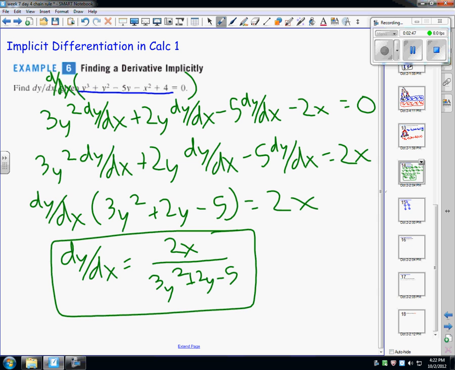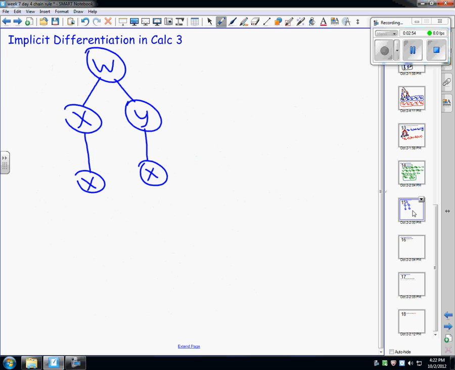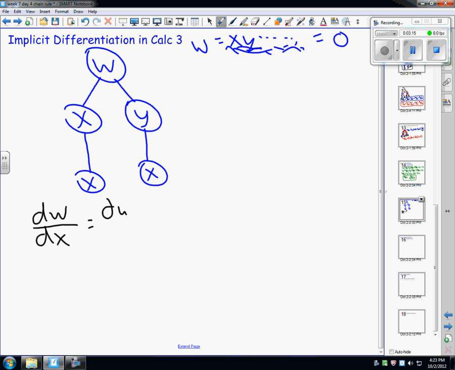And every single time I need to make sure my w part equals 0. So the whole time I'm going to always tell you w has lots of x's and y's in it, but it always equals 0. Okay? So if I set this derivative up, I can say for this derivative, dw dx is the partial of w over the partial of x times dx dx.